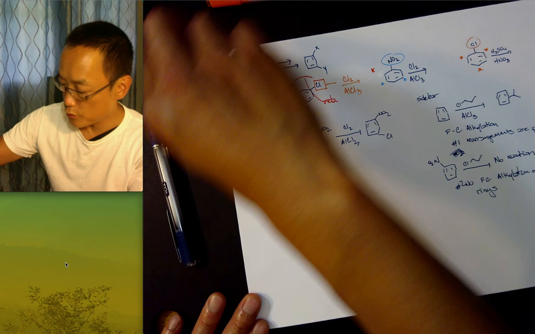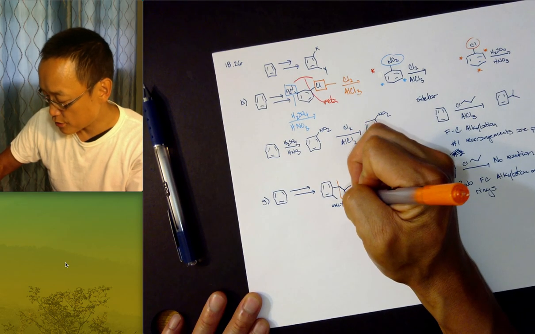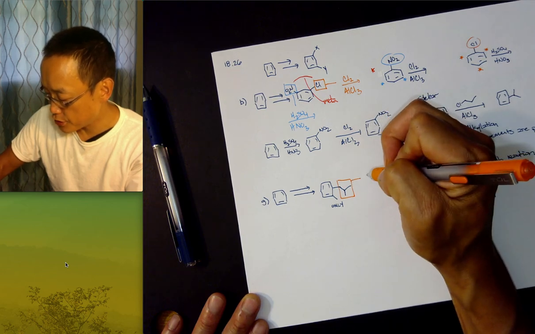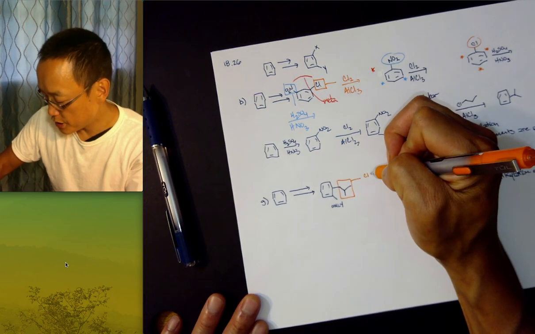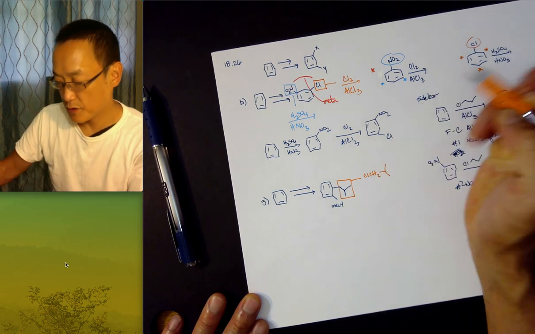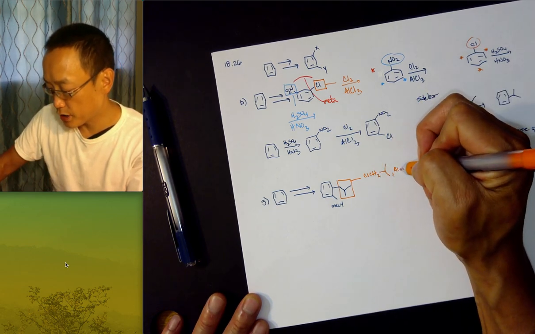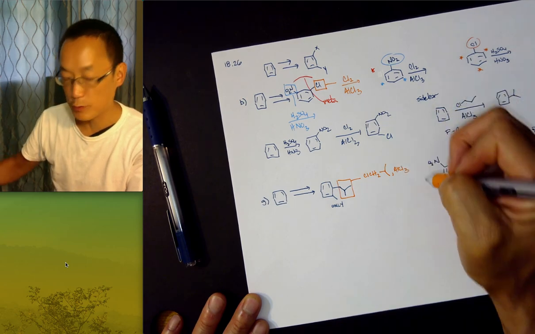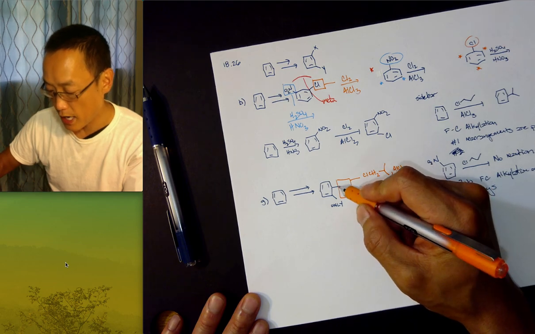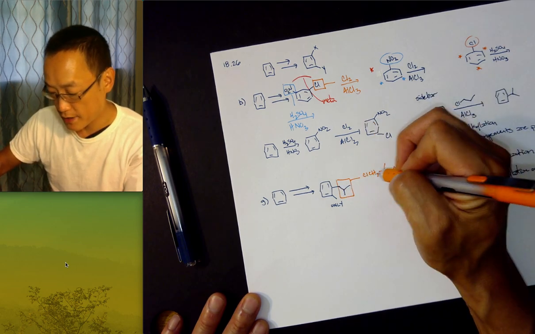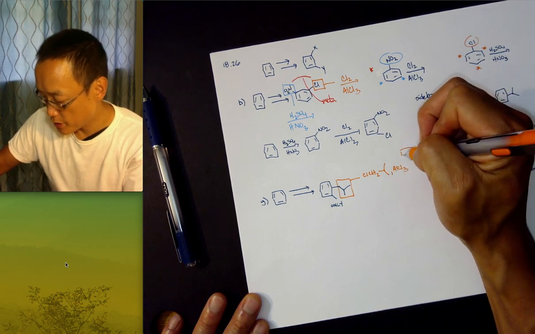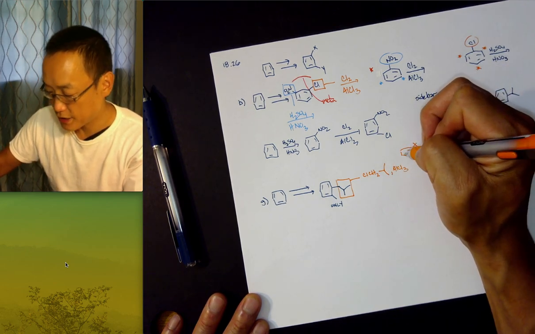If we wanted to install this group right here, we think to ourselves initially ClCH2, something like that, over AlCl3, but then we remember there's rearrangements when we go down this road, and since the attachment of atoms here, if we were to add this, we would get a tertiary addition. So I'll just write that up here. You would expect to see this added in its place.